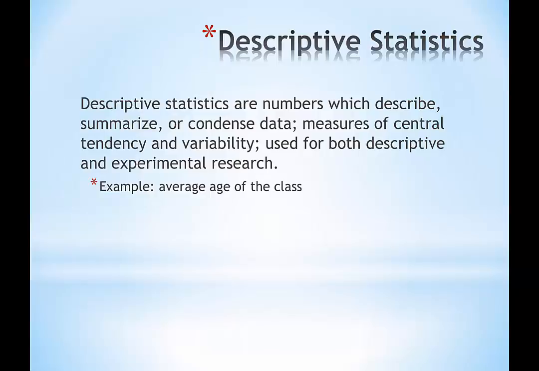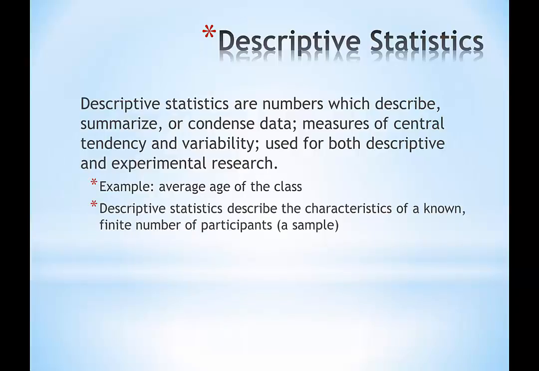So the average age of the students enrolled in my research methods section this semester would be a descriptive statistic. I could get the mean, I could get the standard deviation, I could have the youngest, the oldest, the max, and the min, and so forth. Those would be a snapshot of a known finite sample. It's not all the students enrolled in all research methods.